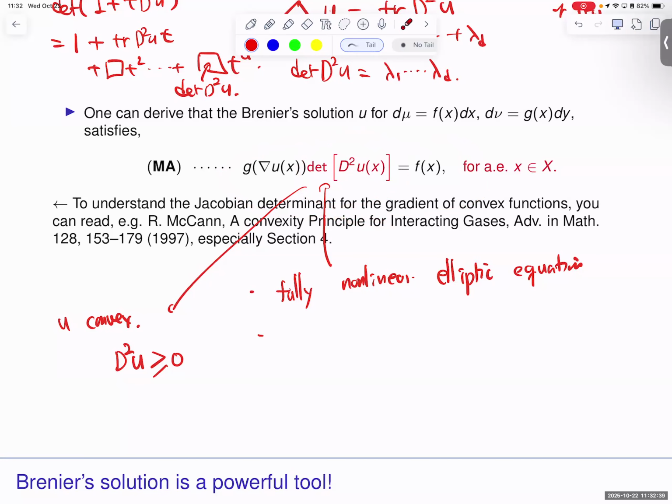I cannot explain it well, but you can consider some kind of determinant of some kind of Hessian in complex analysis, and they are still called Monge-Ampère equations there. You may know that Shing-Tung Yau got the Fields Medal probably in the 80s by solving a complex Monge-Ampère equation. That result is called the Calabi-Yau theorem.